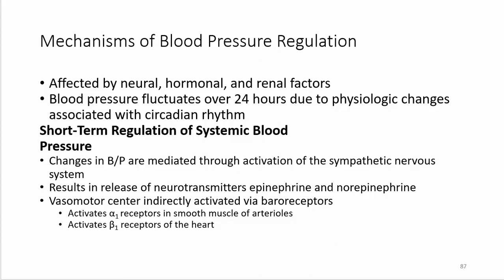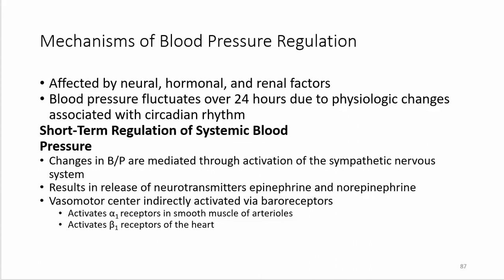So if the alpha 1 receptors are activated, then you get vasoconstriction, and vasoconstriction increases peripheral resistance. Increasing this resistance, therefore, increases blood pressure. Beta receptors are the receptors in the heart that increase cardiac output, increase contractility and heart rate, and increase blood pressure by increasing CO.